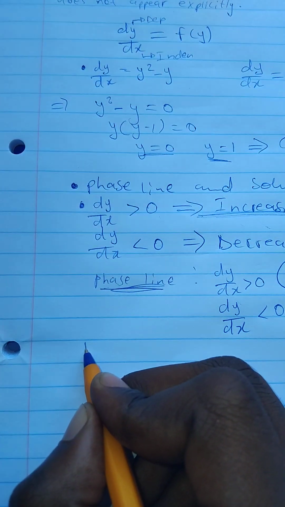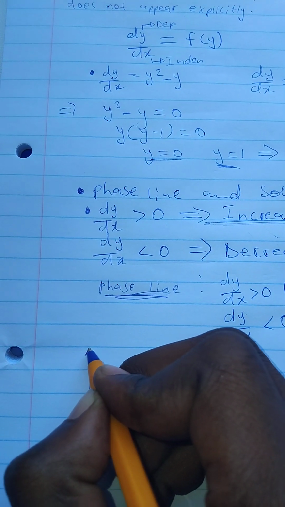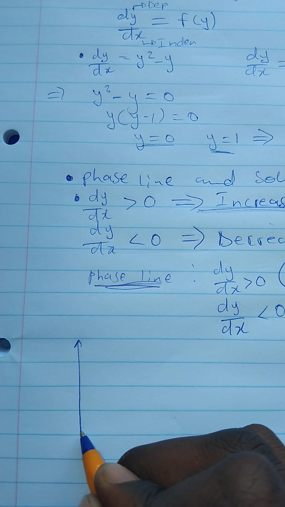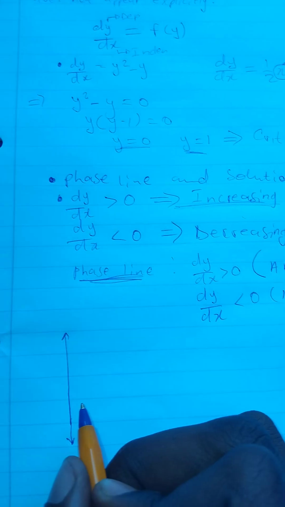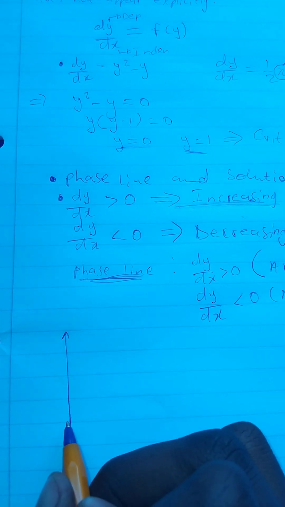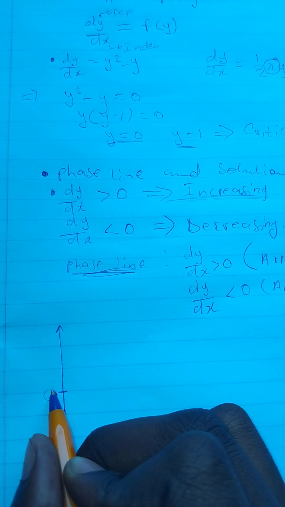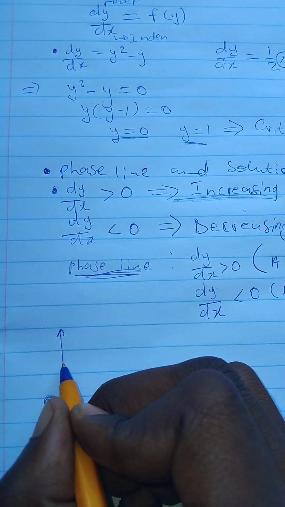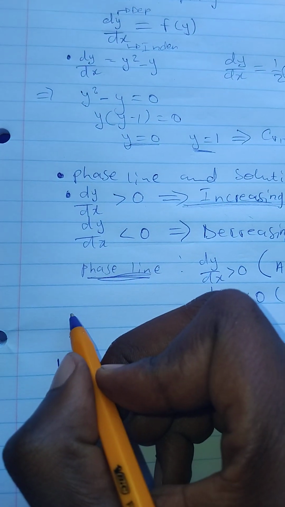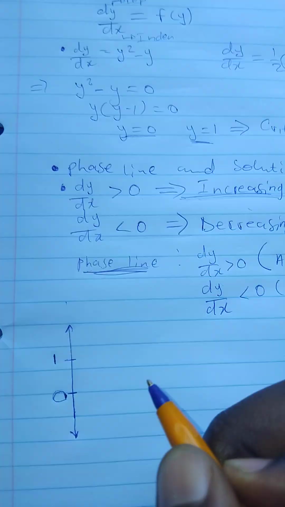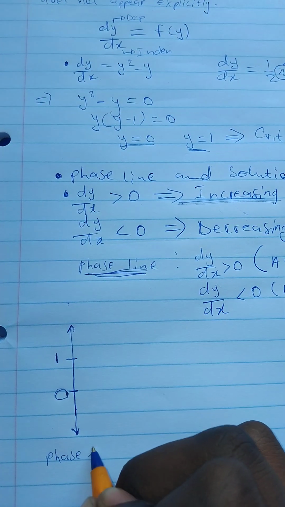Let me just draw it like this. This is gonna be my phase line. Okay, so I have 0, I can put it here. That's 0 there. Then I also have 1, like that. Okay, so this is the phase line.